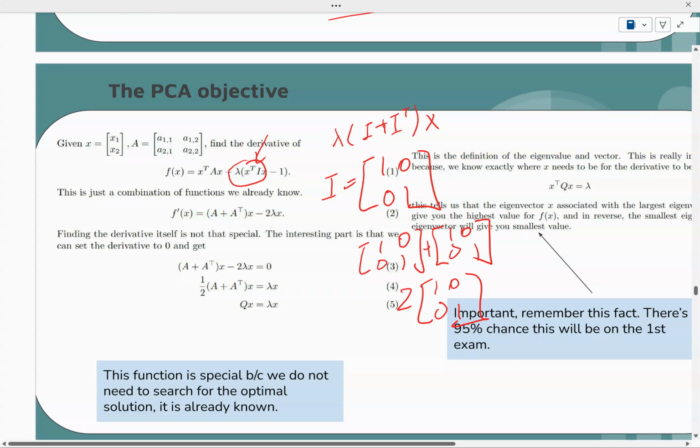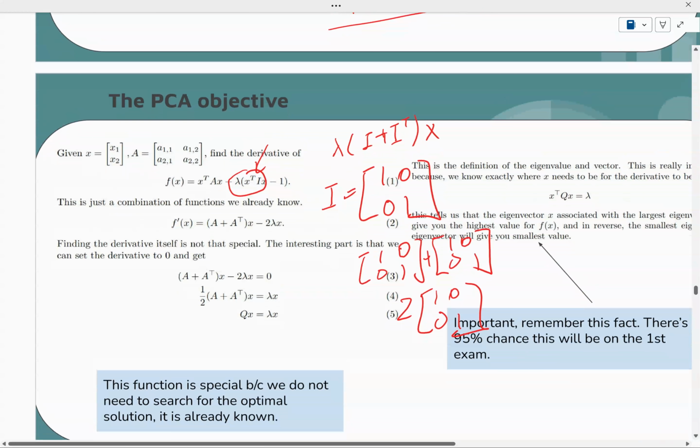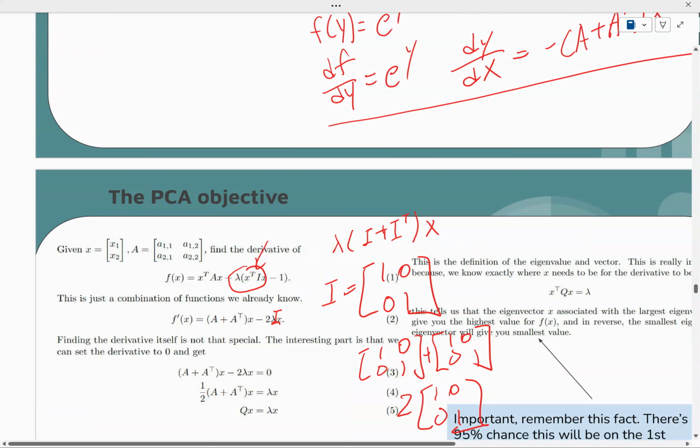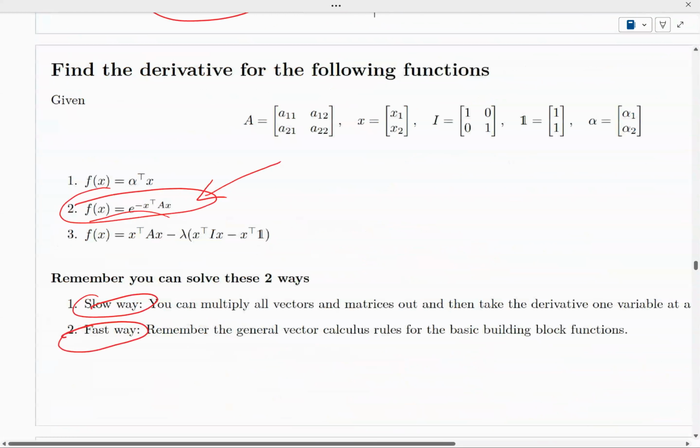Okay? So we did a very similar one here. This part is how I end up getting 2 lambda x. Actually, this part should be lambda Ix. So the PCA objective was very similar to this one that we did.